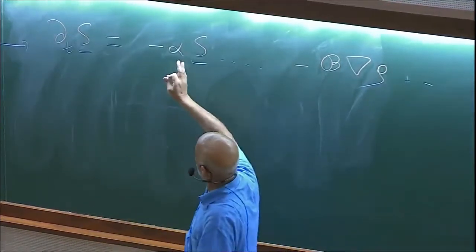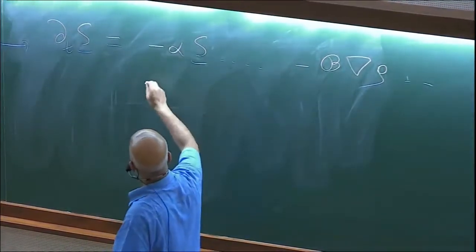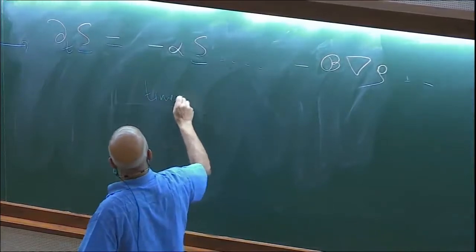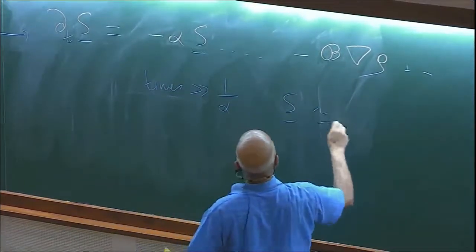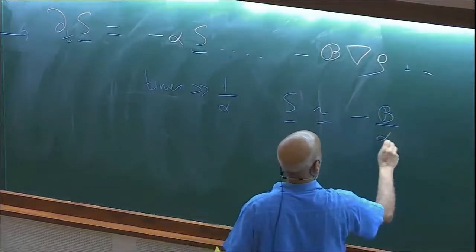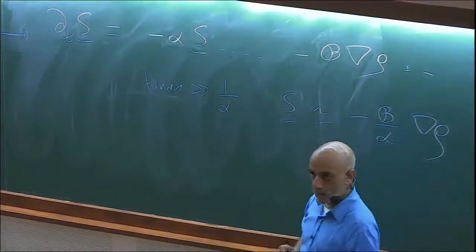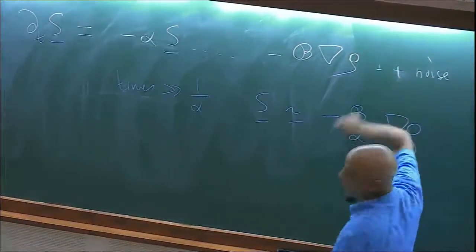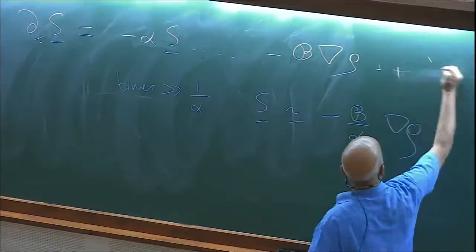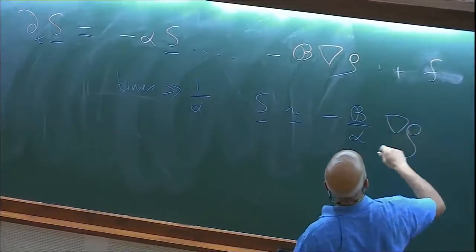In that case, on time scales big compared to 1 over alpha, S is approximately minus B over alpha grad rho, and let's say plus noise. And let's give that noise a name.